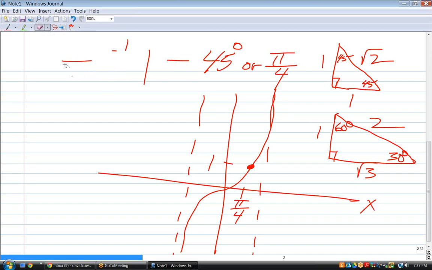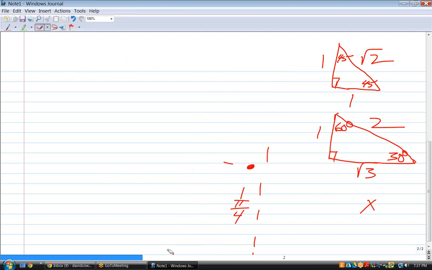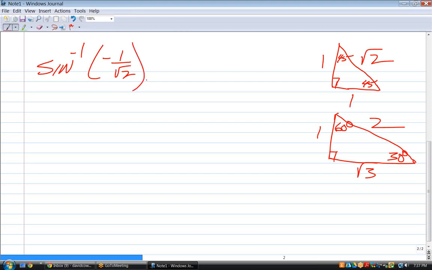Let's leave those two triangles up there. What do you got next? Inverse sine of -1 over root 2. Which angle is that from my two triangles?